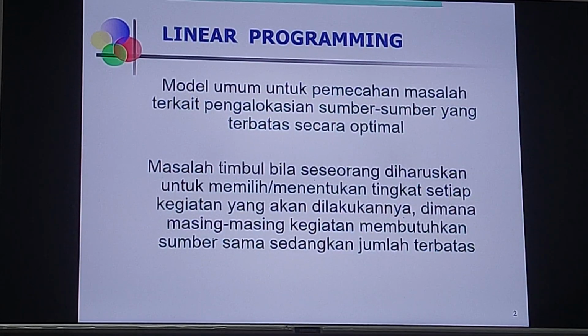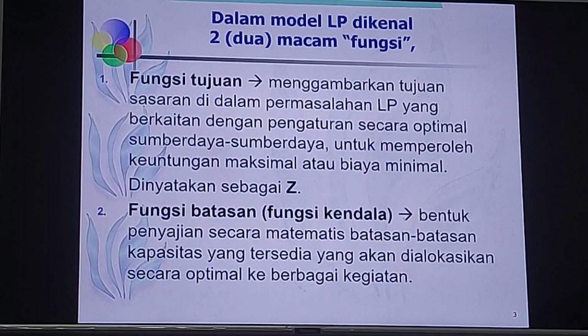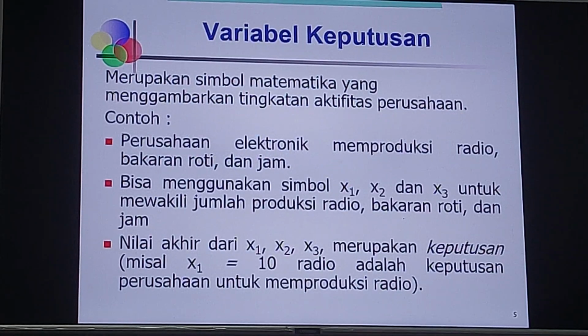Next week I will try to understand. Basically, the principle is still the same. You have an objective function, fungsi tujuan. We have constraints, or fungsi batasan. Same concept. We have variables, decision variables, an objective function, and constraints. For example, you have x.